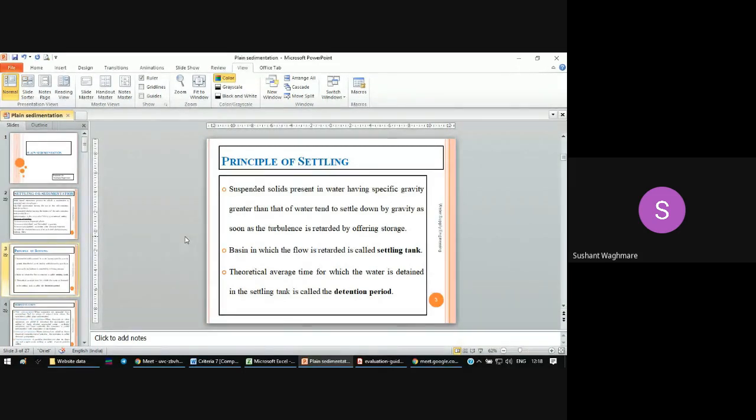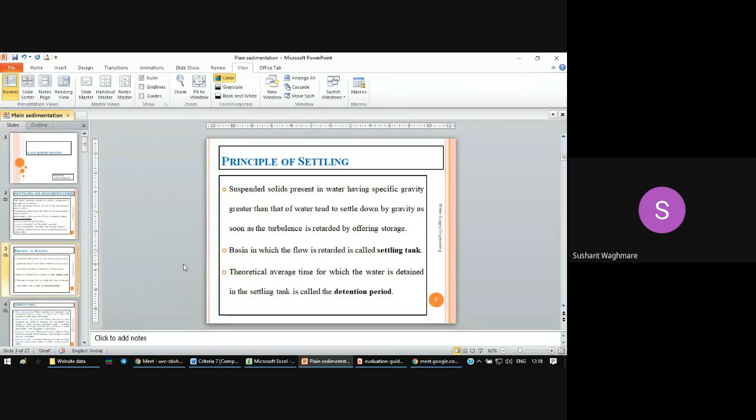We already know that in settling, we make sure that the water is steady for a longer time so that primary settling can occur. The basin or tank in which the settling occurs is called the settling tank, and the average time for which the water is retained in a settling tank is called the detention period.